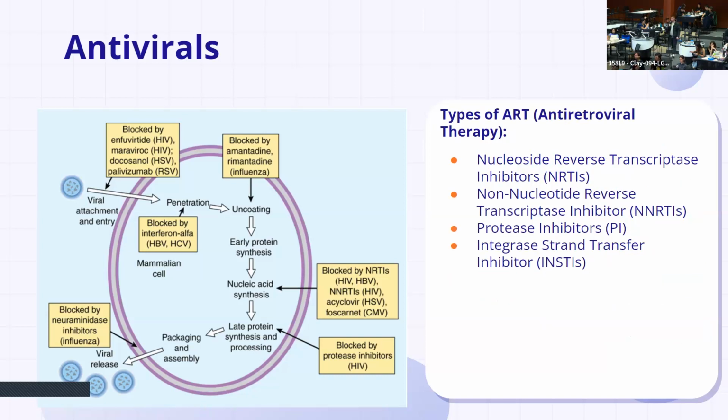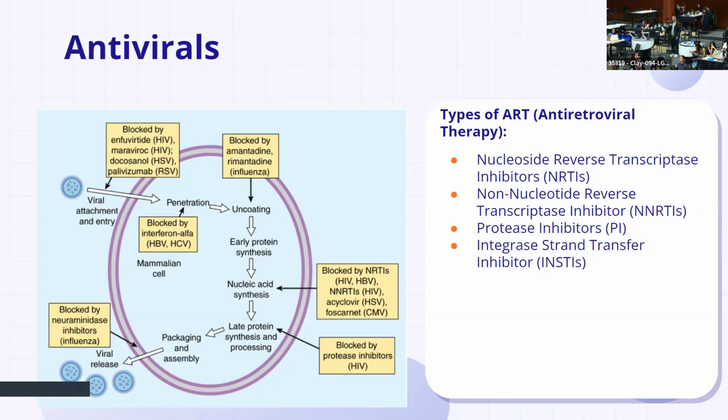Okay, so for our retroviral therapies, when we come in with an RNA and we put DNA into a cell, a good example of this is our HIV. We've got a few different therapies we can use, and so I've listed them there for you. You should know them, but there's a lot.